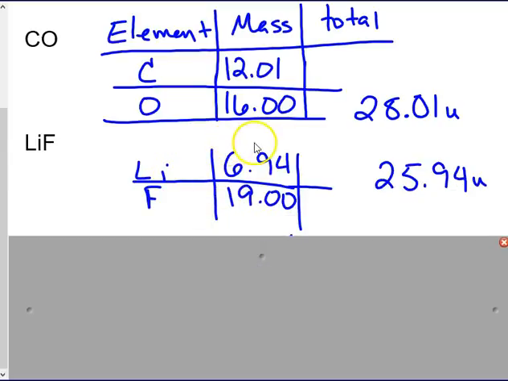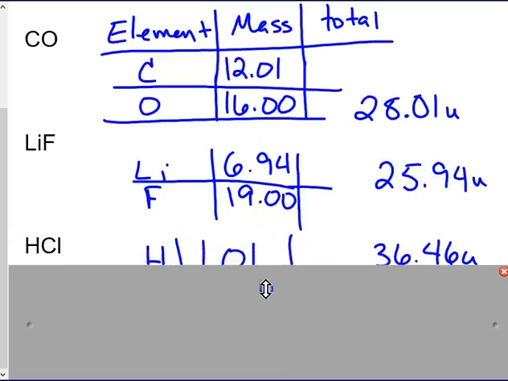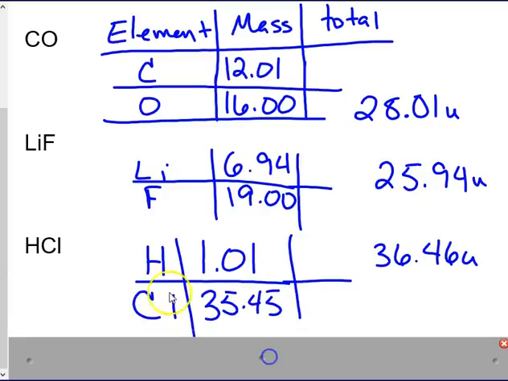Lithium has a mass of 6.94 and fluorine has a mass of 19.00. So when I add those values together, I get 25.94 AMUs. HCl, hydrogen has a mass of 1.01 and chlorine has a mass of 35.45. When I add those together, I get 36.46 AMUs.